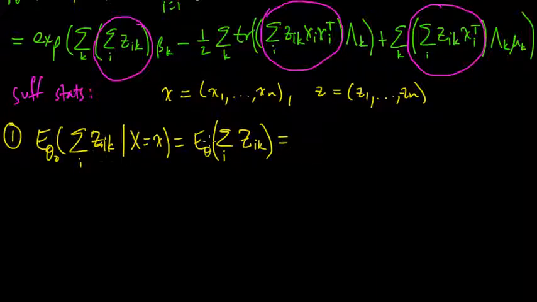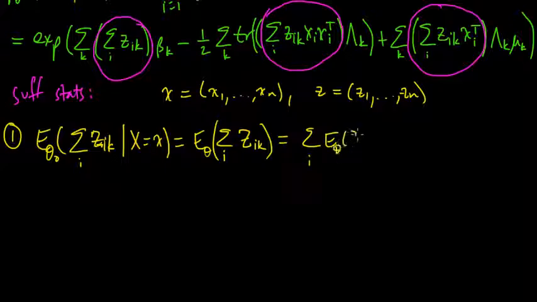And let's solve this. We're assuming that this theta naught is known. That's the theta from the previous step of EM. And now to get the theta for this step of EM, the next theta, we need to solve for theta here. So let's see if we can do that. This is the sum.